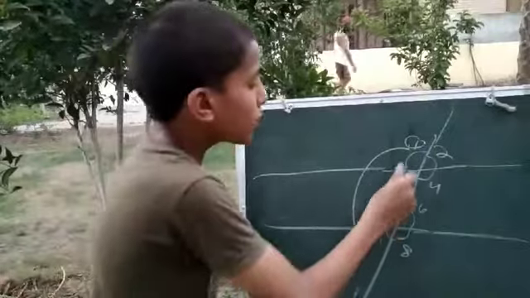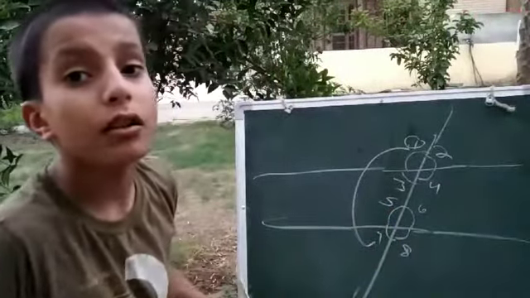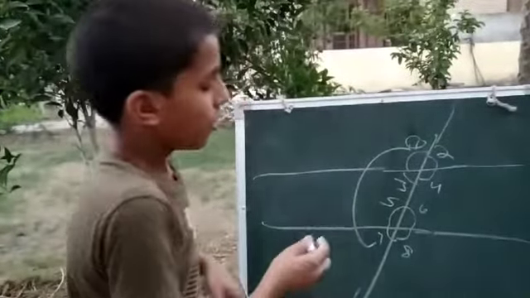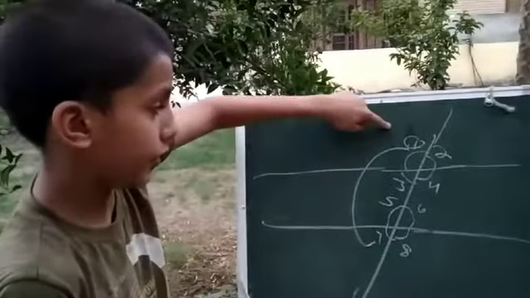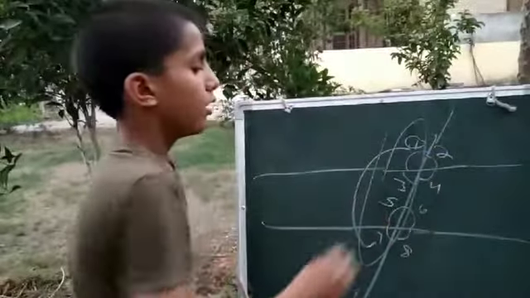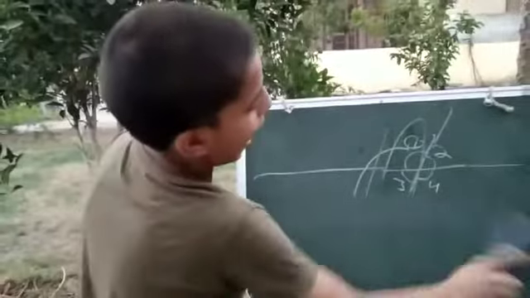Why is it not matched with the other one? Because you can see that it is at the inner part, so it will be an interior angle, and this is an exterior angle, and they are at the same side, so they are known as corresponding. Okay, at the same side.